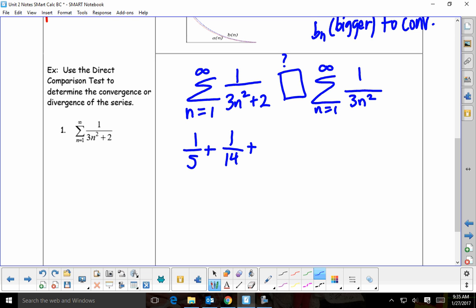Plug in 3, 29. Okay. Let's look over here. Plug in 1. Plug in 2. Plug in 3. Okay. So when the denominator is bigger, the overall number is smaller. So I know it's this guy, right?